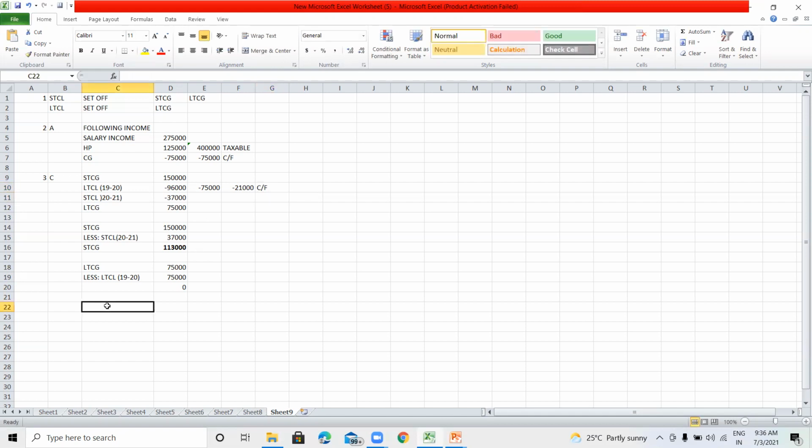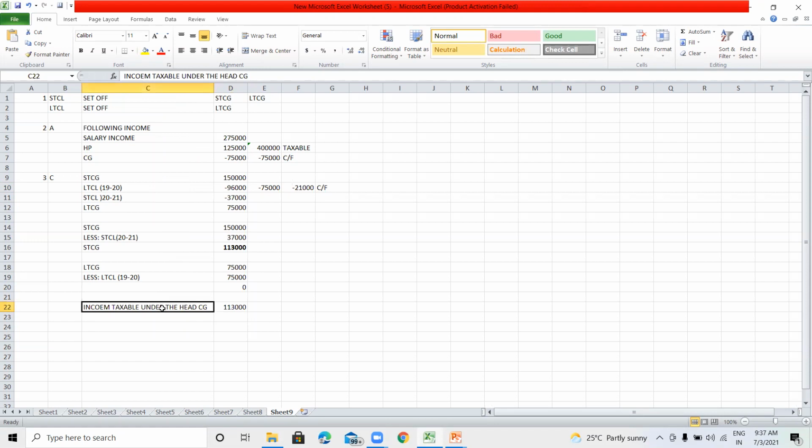So the income taxable under the head capital gain will be 1,13,000. This is the short-term capital gain which will be taxable under the head of capital gain, because short-term capital gain is 1,50,000 and after adjusting 37,000 it is 1,13,000.